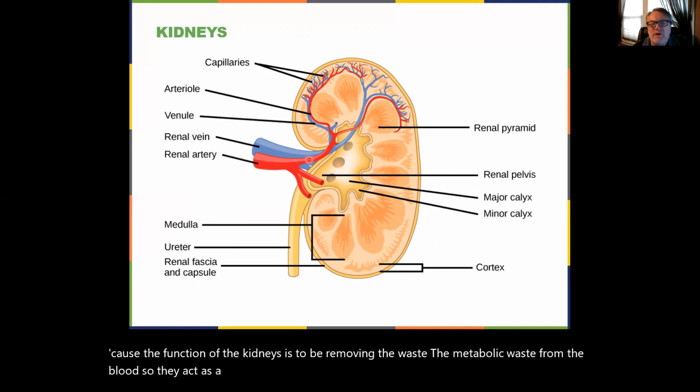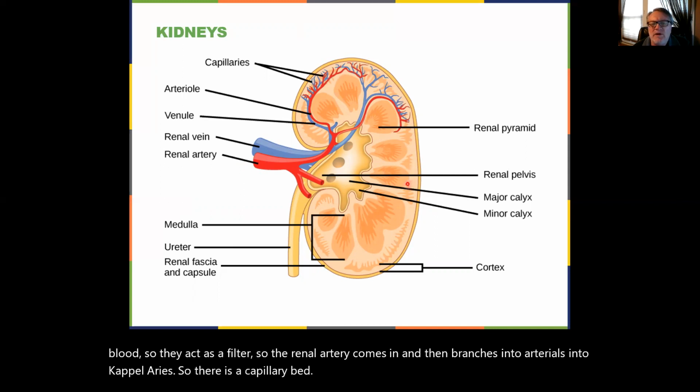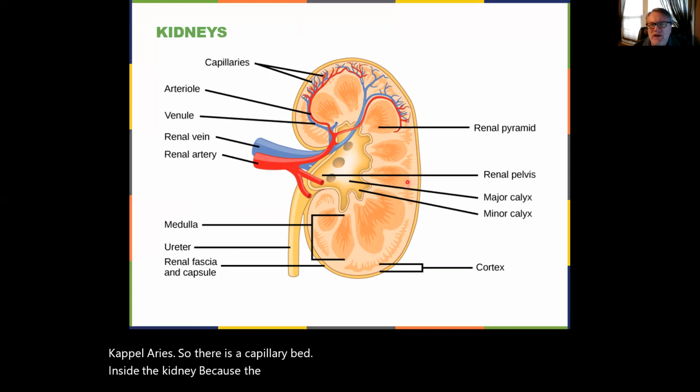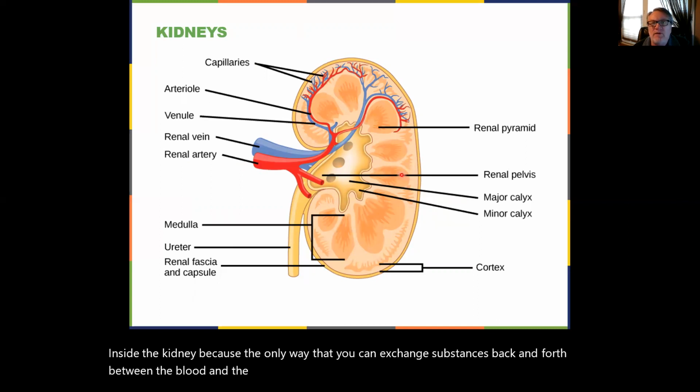So the renal artery comes in and then branches into arterioles, into capillaries. So there is a capillary bed inside the kidney, because the only way that you can exchange substances back and forth between the blood and the body fluids is through the walls of a capillary.